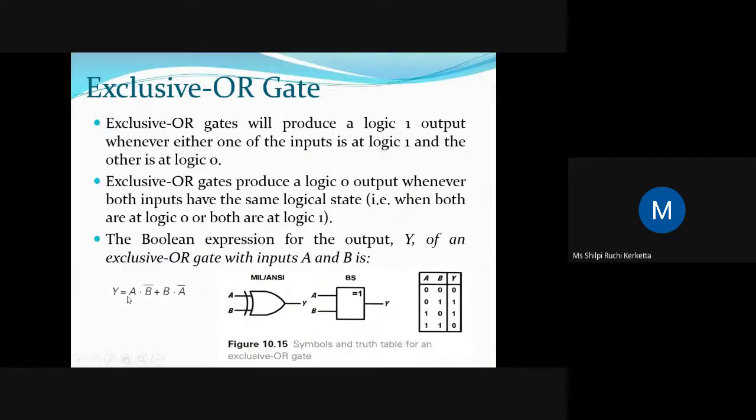First is A dot B bar, so this is an AND gate, and this is the second AND gate, and both the outputs of these gates we have to OR. Okay, so I have made a circuit out of this equation.